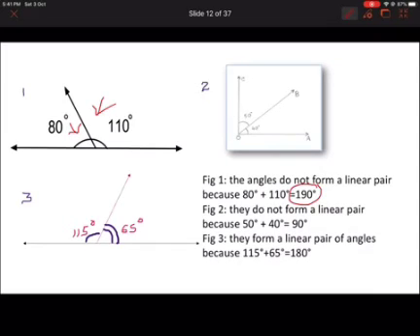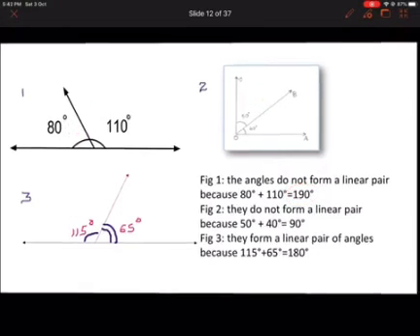In the second example, though they are adjacent, one angle is 50 degrees, the other angle is 40 degrees, so they do not form a linear pair. In the third example, one angle is 115 degrees and its adjacent angle is 65 degrees and the total is 180 degrees, so they form a linear pair of angles. Children, I hope this is clear to you.